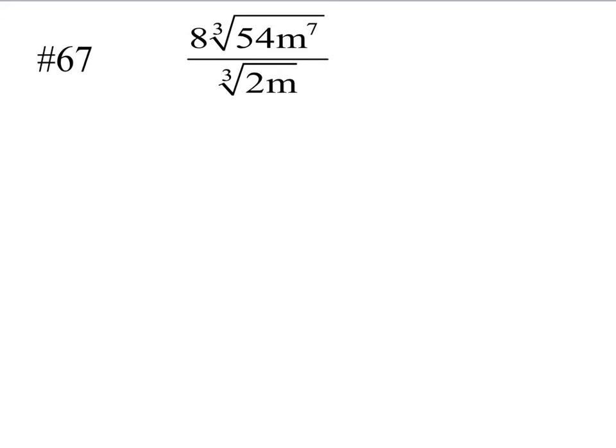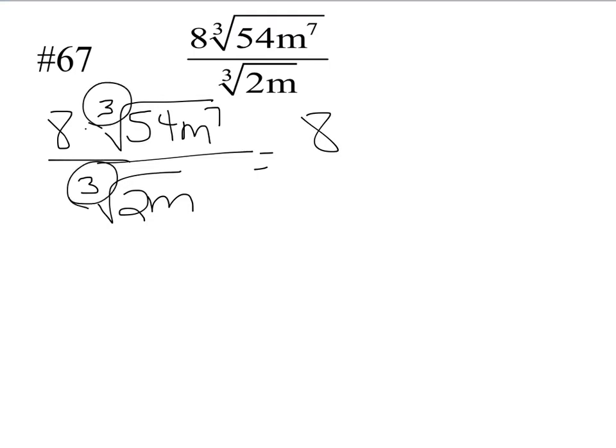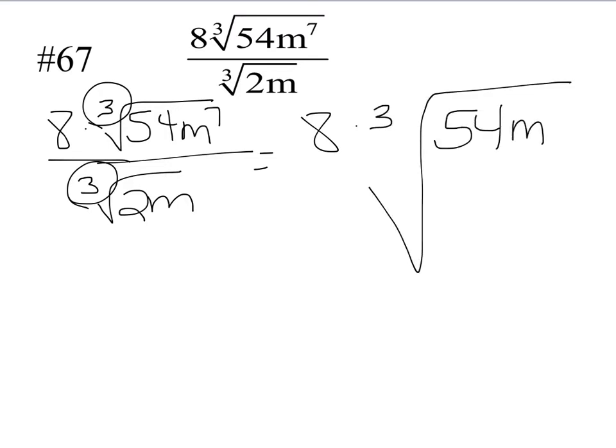Okay, so this one is very similar to the one we just did. The only difference is now we've got some variables underneath the cube roots. So this is technically 8 times the cube root of 54m to the 7th over the cube root of 2m. So what we can do is we can take 8 times, since both of our indexes are 3, 8 times the cube root and do one big cube root, 54m to the 7th over 2m.